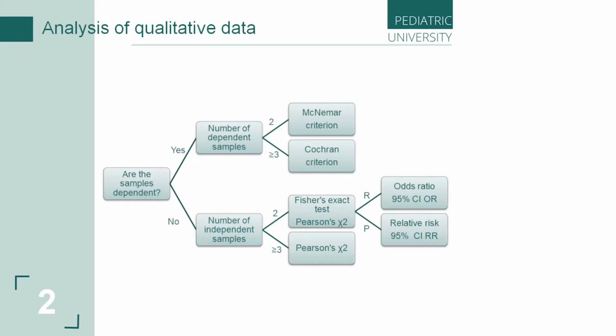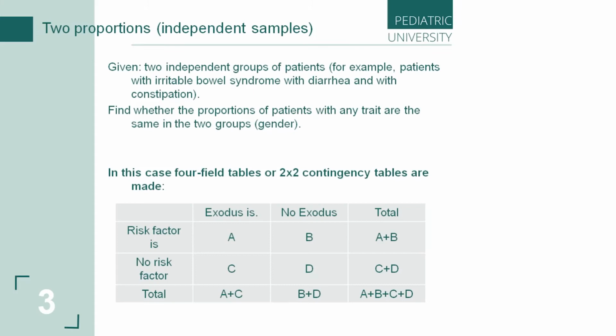If we have 2 independent samples or 2 proportions, the rule of 2 proportions. For example, we are given 2 independent groups of irritable bowel syndrome patients with diarrhea or with constipation. We used this example in our last lecture.